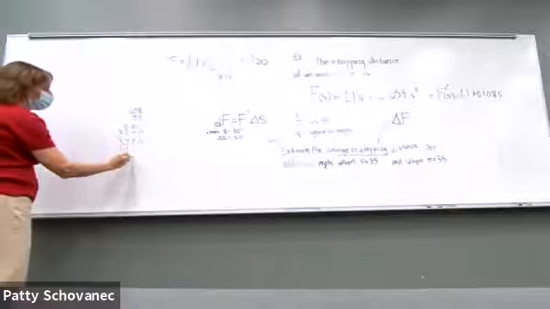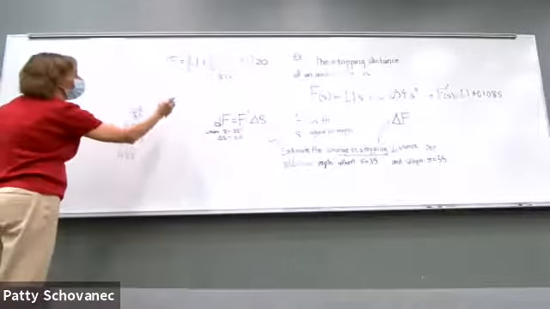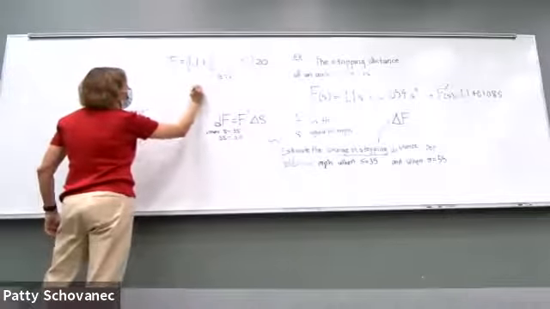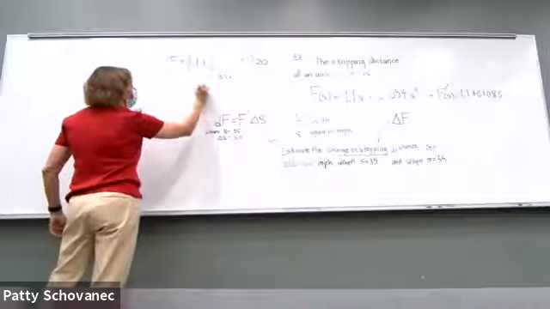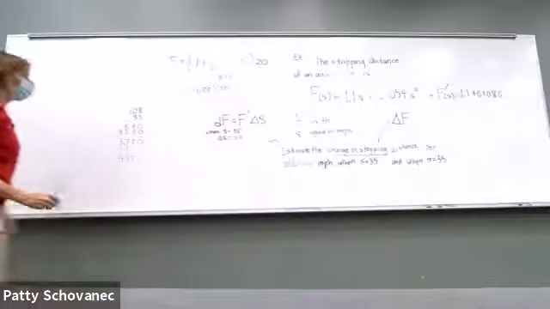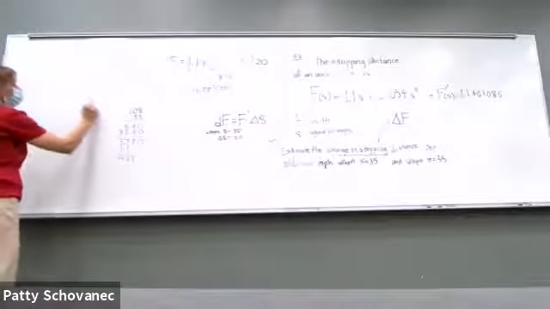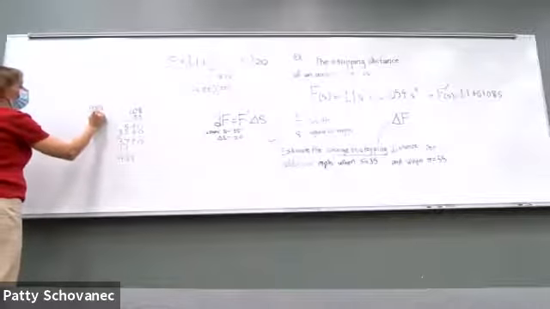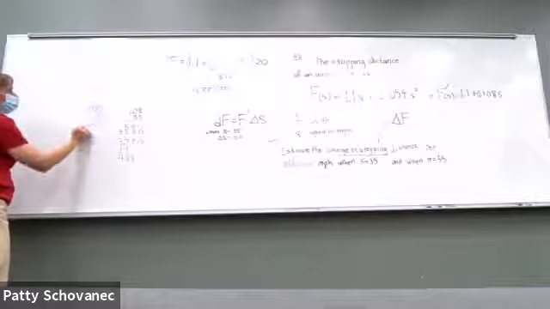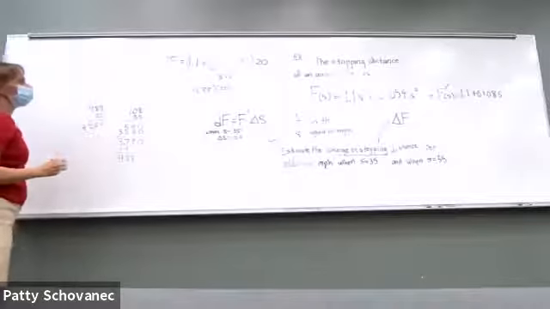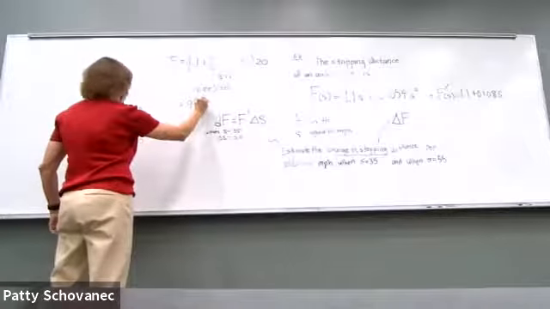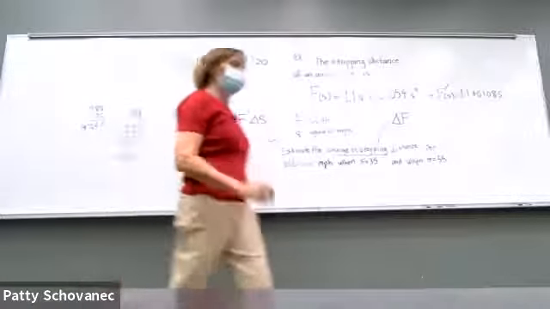It's 4.88 times 20. So let's multiply 488 by 20. Two decimal places is 97.6. 97.6 what?